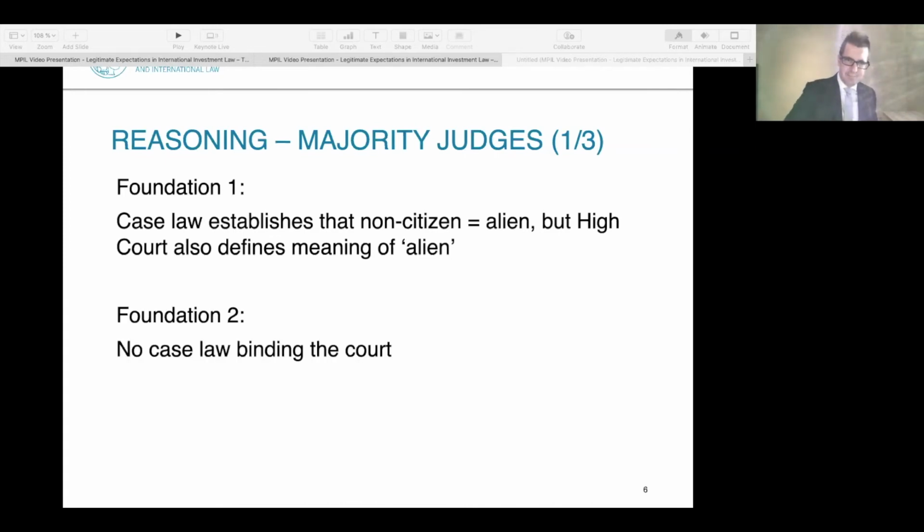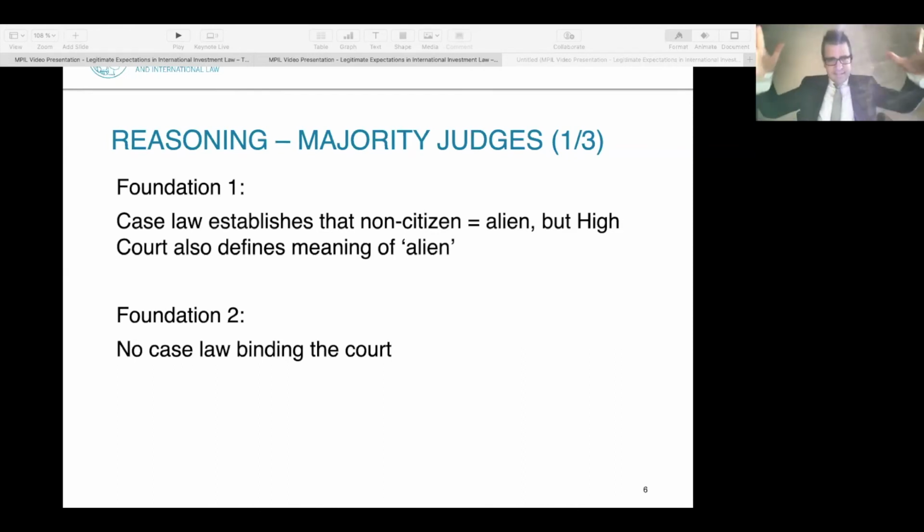Next foundation. The majority judges say there is no case law binding on the court in this case, which is a little bit inconsistent with what we heard earlier, because I told you that the minority judges said there's a rule that a non-citizen has to be an alien. The two plaintiffs in this case are non-citizens.